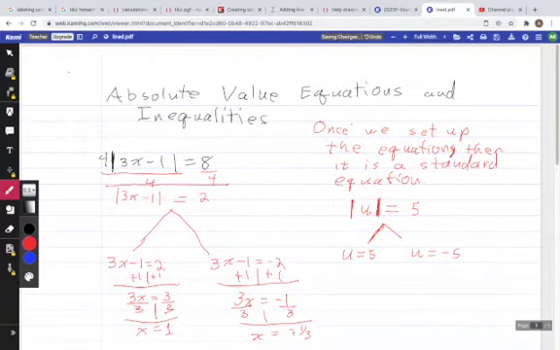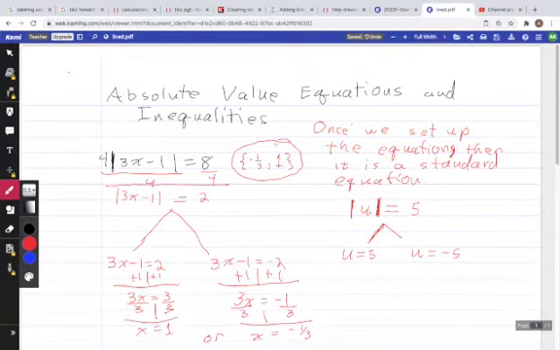So here are our two possible answers, and we could list it as x equals 1 or x equals negative 1/3, but we're going to write it as a solution set. So this is just a set that is comprised of the solutions to an equation. It's in the name. And there's our final answer.